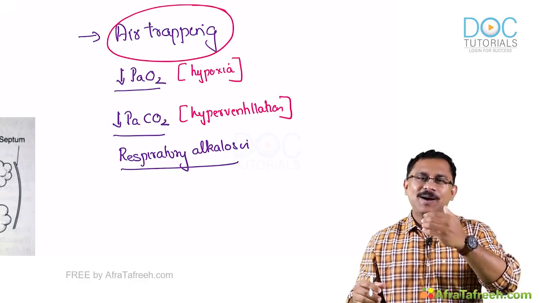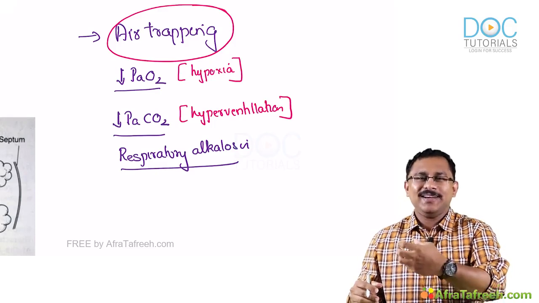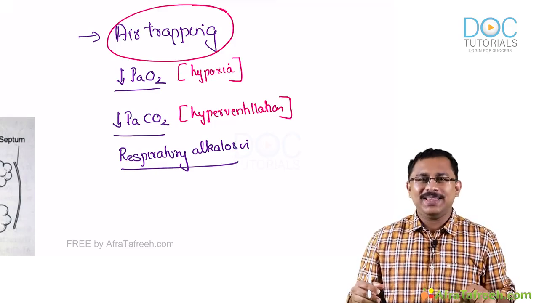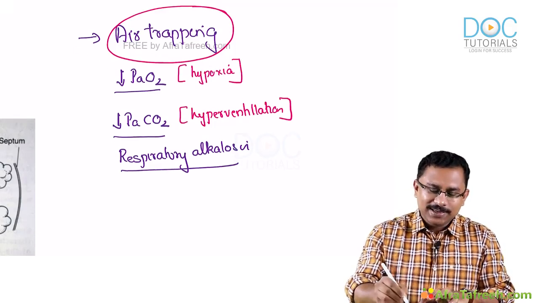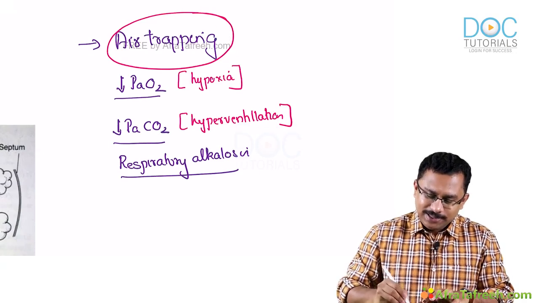So, when emphysema progresses, if you have watched my respiratory failure module, tell me what type of respiratory failure will happen here? This is going to be a type 1 respiratory failure, correct?